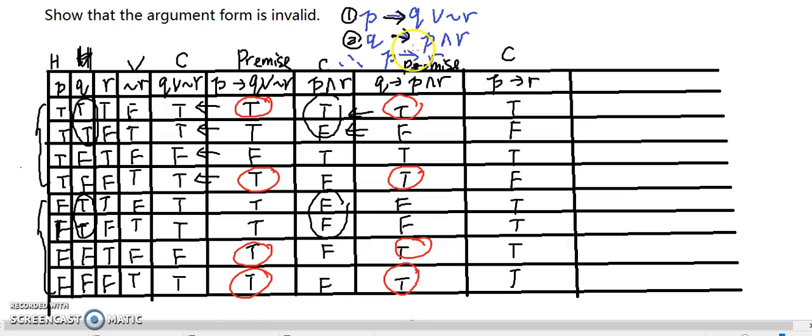Now let's check the corresponding conclusions. Okay, so looks like we have this one that is false. So that means we have true premises, but we get a false conclusion. So that means this is an invalid argument.